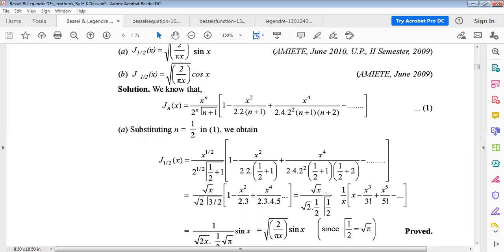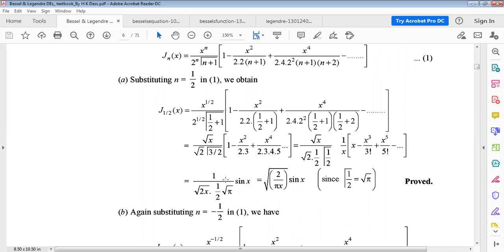Okay, so we can take 1 by x common, giving x in every term: x into, this will be x cube and x to the power 5 and so on. Every term is multiplied with x, because we have taken 1 by x common. So after this series, we get 1 by root over 2x, half gamma half.